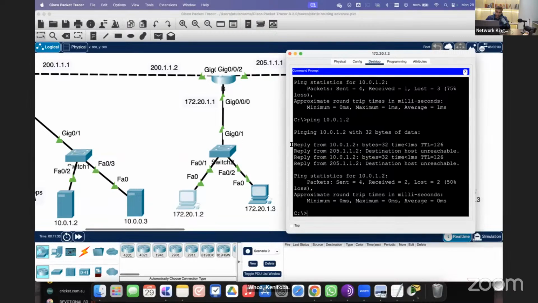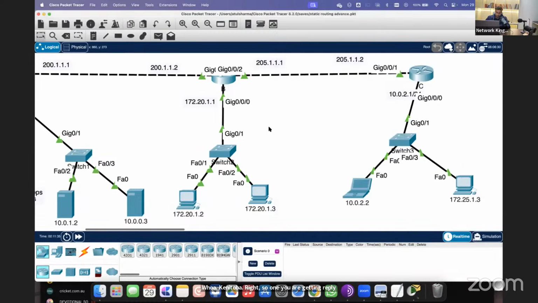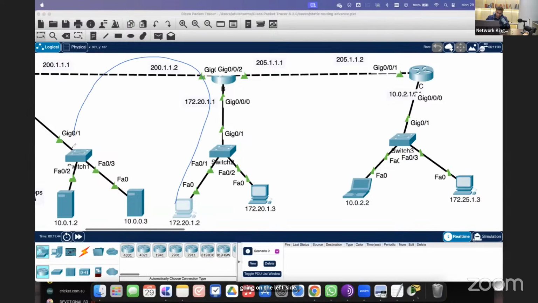So you are getting a reply once, because of what load balancing is. When the packet goes to the left side, you are pinging 10.0.0.12, so you get a ping response. But the router automatically forwards your packet to the right direction too, because the 10 network is on the right side.